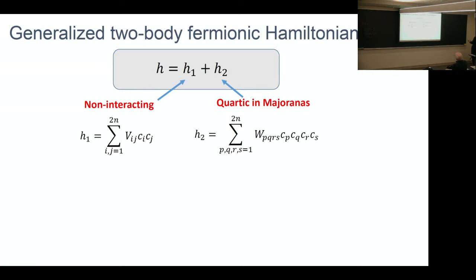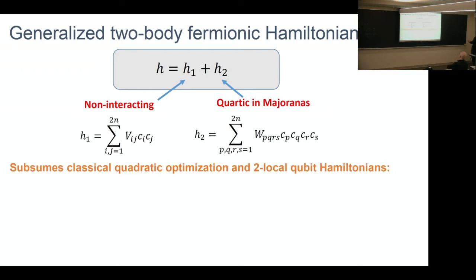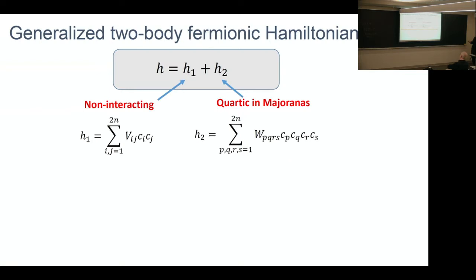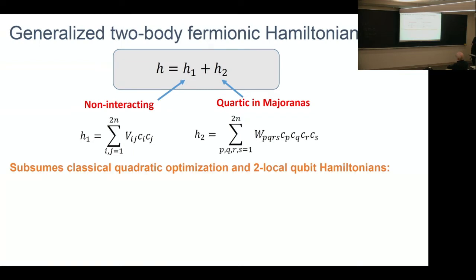I should mention that this generalizes both the classical quadratic binary optimization and the qubit generalization that we saw in the previous part of the talk. And the way that you can see that is you can take a Hamiltonian which is a two local n-qubit Hamiltonian. So this now involves the Pauli operators x, y, and z. And you can replace each qubit with 3 Majorana modes, C1, C2, C3, and you can make the following replacements.